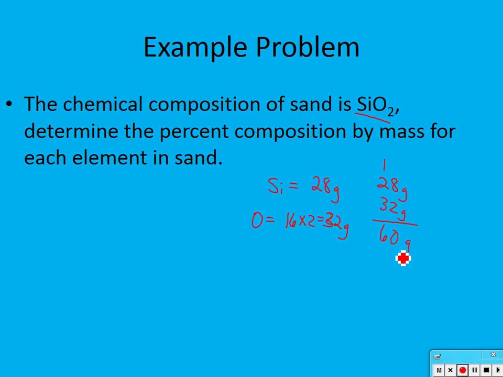We need to determine the percent composition by mass for each element in sand, so let's do it for silicon first. The total mass of silicon in one compound is 28. The total for the whole compound is 60. So we take 28 divided by 60 and then times it by 100. Let's do that real fast.